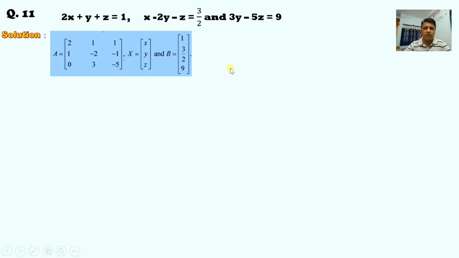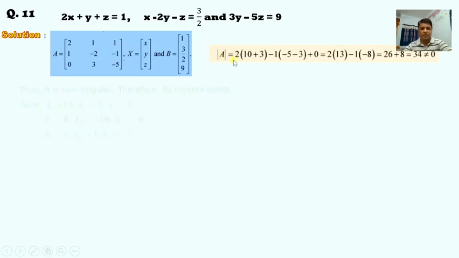Let us now go for finding the determinant. Determinant of this matrix A is nothing but 2, minus 1, 0. So we are going to expand this determinant through C1 because at the last we have 0, so we have the advantage of less calculation.